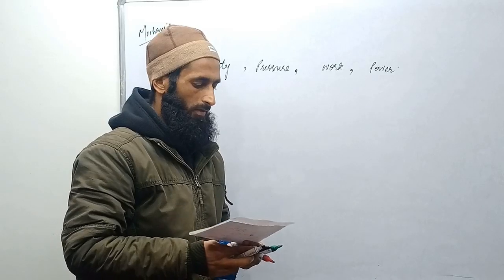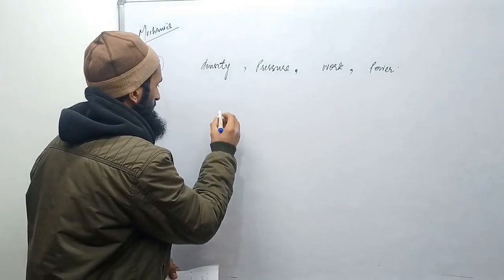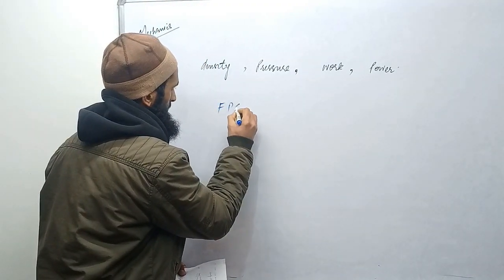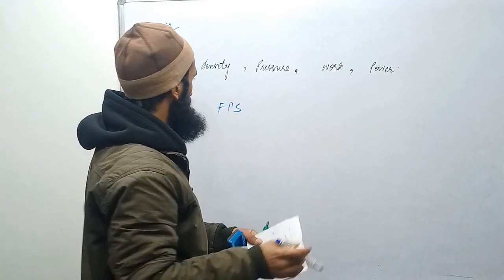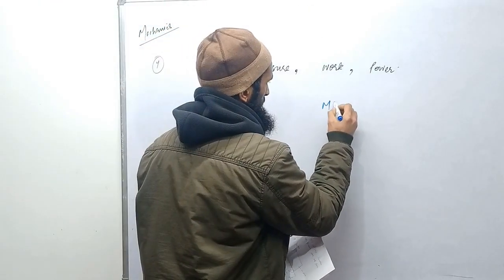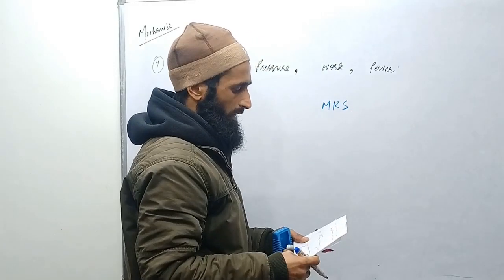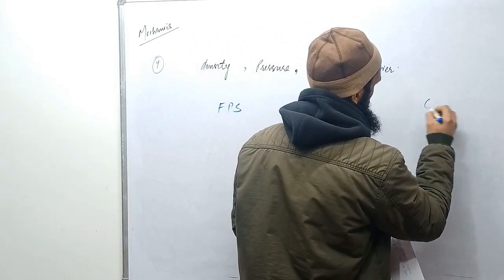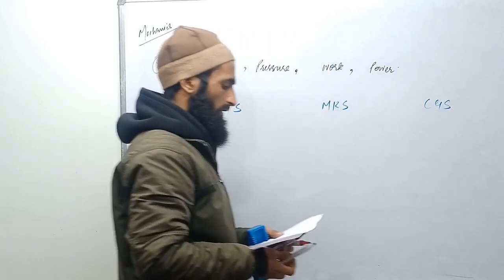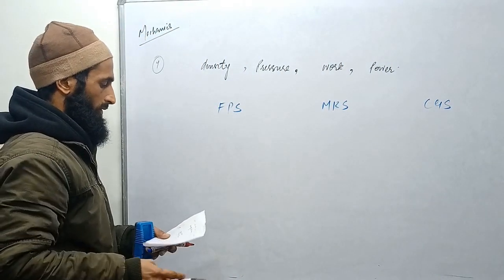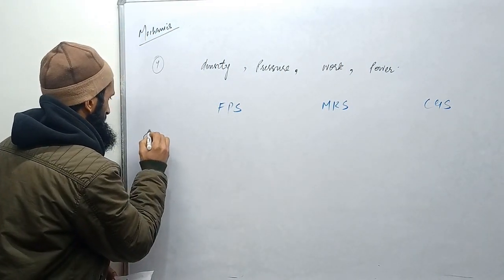So first we have to write these quantities in FPS system, and after that we have to convert them into MKS system, and then into CGS system.